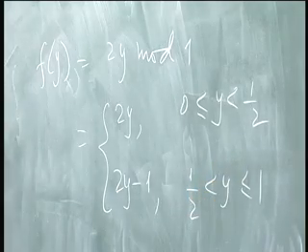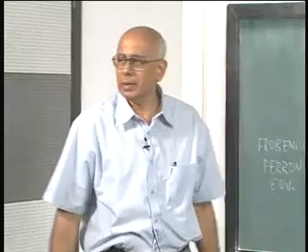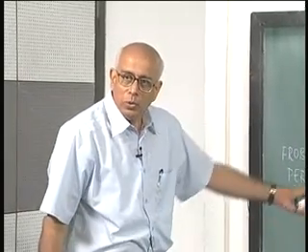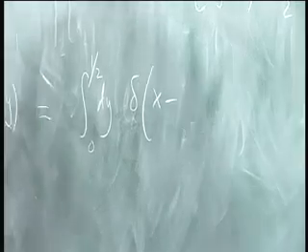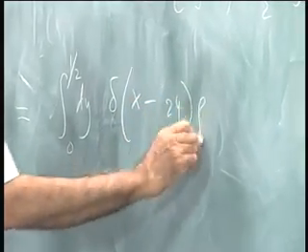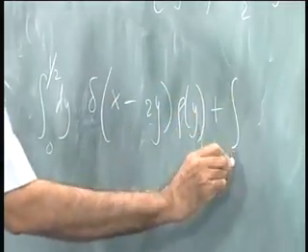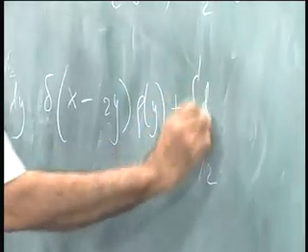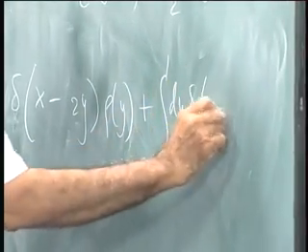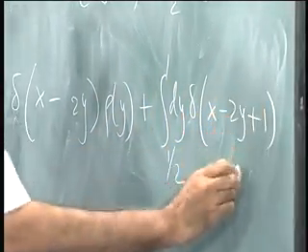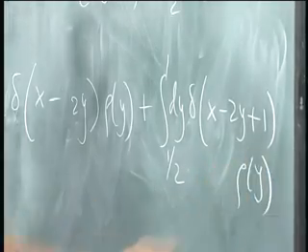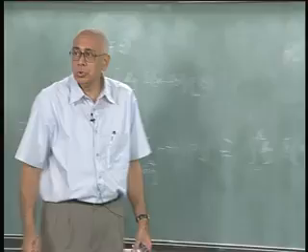So you have two different functions altogether, and you have to use that fact here, and therefore I have no choice but to write this as the integral from 0 to half of dy delta of x minus 2y rho of y, plus the integral from half to 1 dy delta of x minus 2y plus 1 rho of y. No choice but to do this.